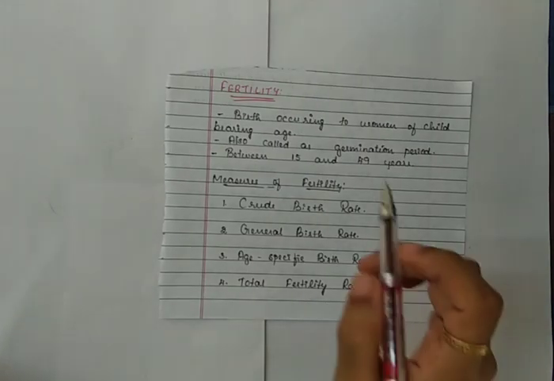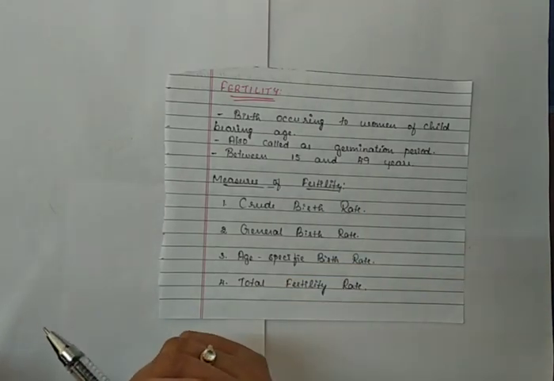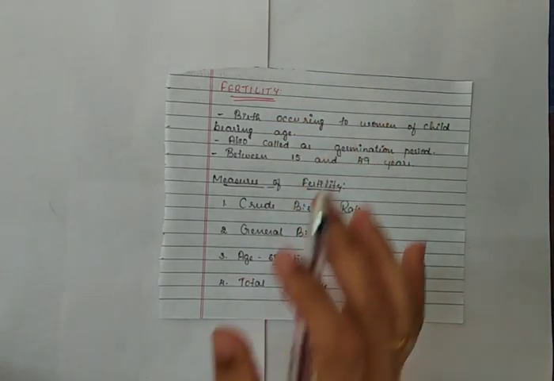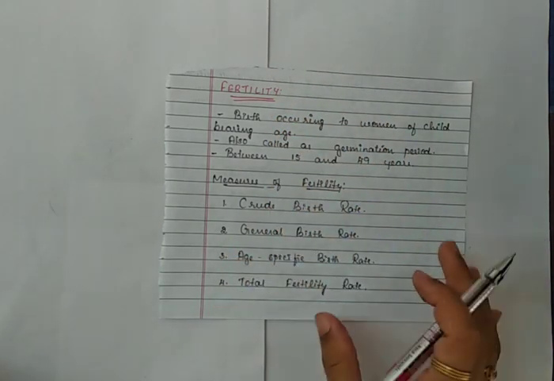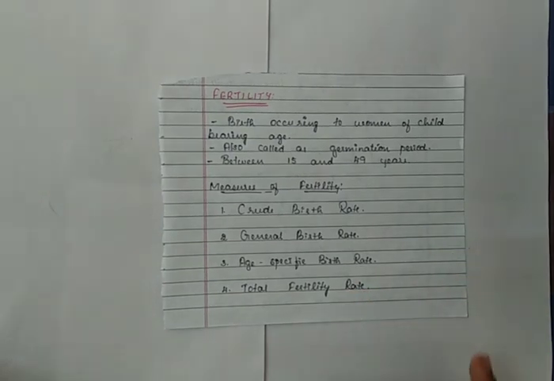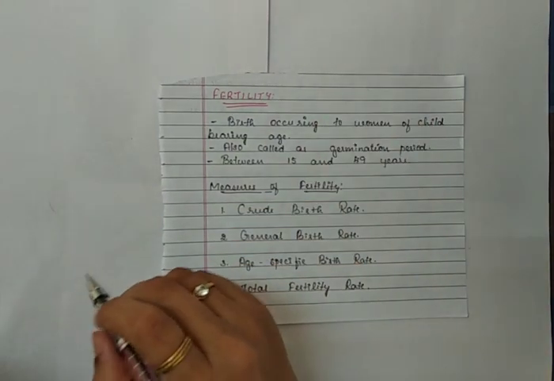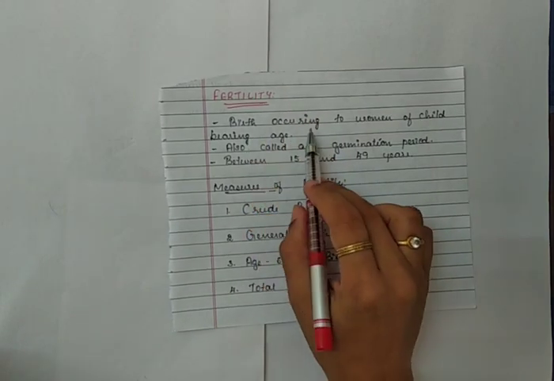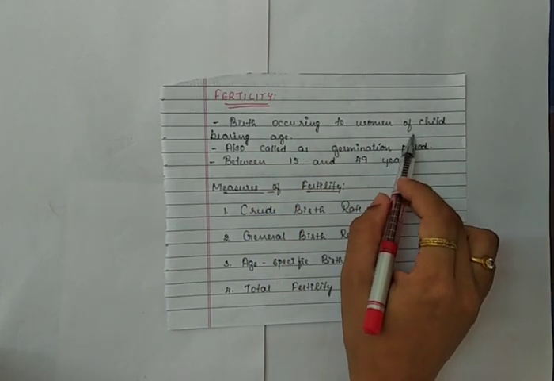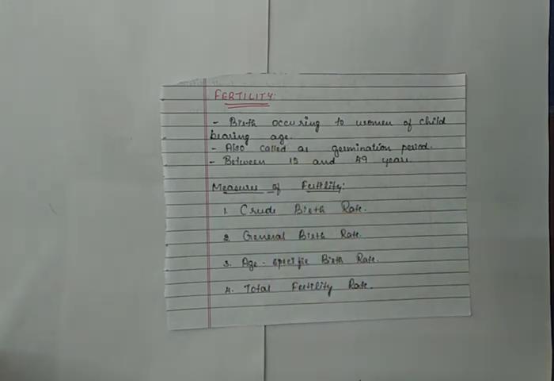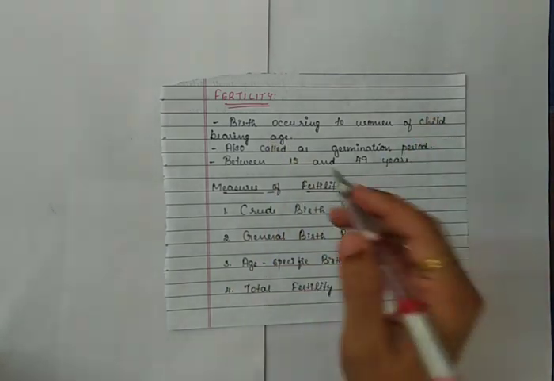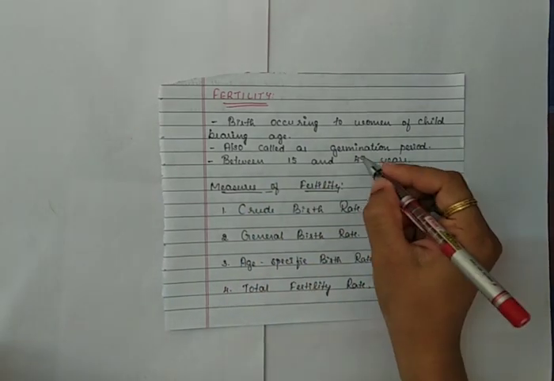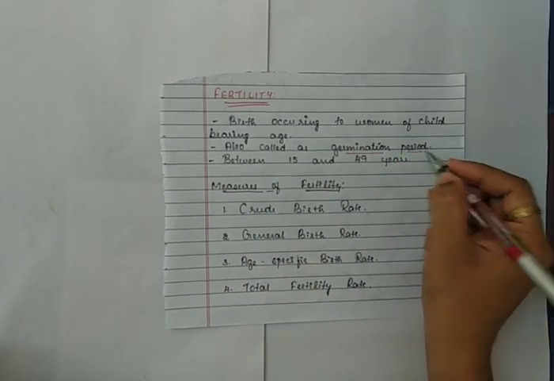The next topic when it comes to vital statistics is fertility. Based on fertility, we prepare the statistics. So let's see what fertility is. Fertility is nothing but the birth occurring to women of childbearing age. It is a biological one, and this childbearing age is also called the germination period.